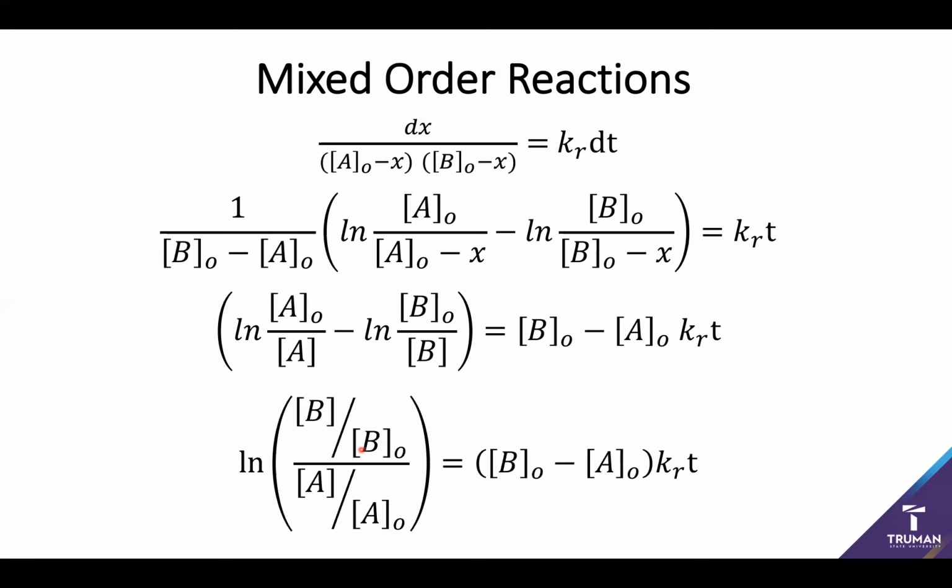And I'm also going to, for consistency's sake, inverse the concentration of A, which means it goes on the denominator. So again, the ratio of B to its initial concentration and the ratio of A to its initial concentration, all equal to the difference of my two initial concentrations times the rate constant times time.